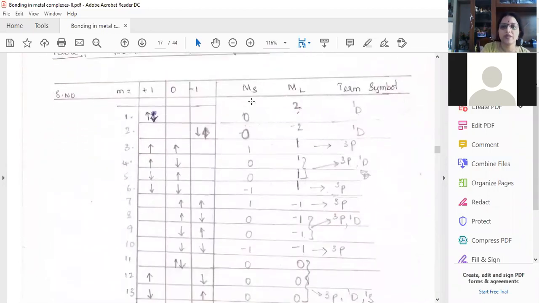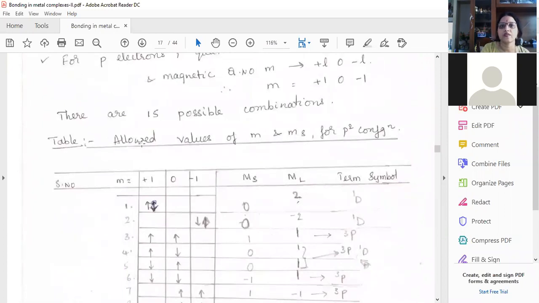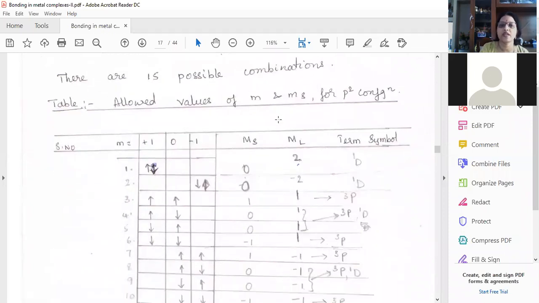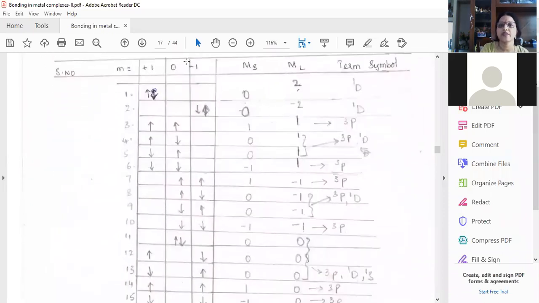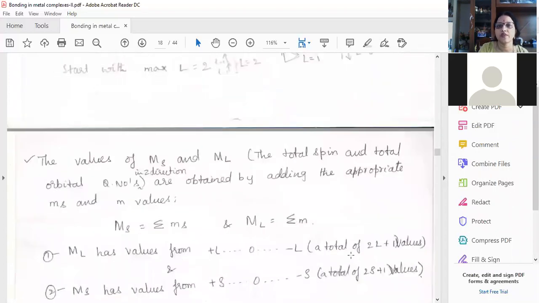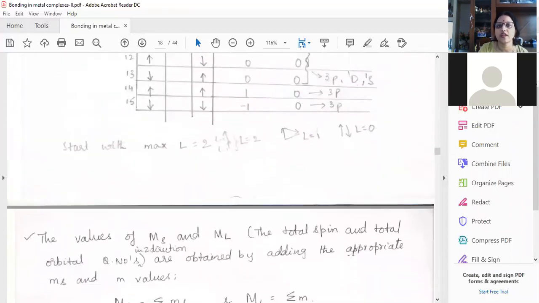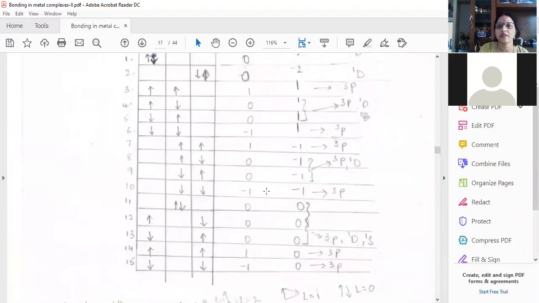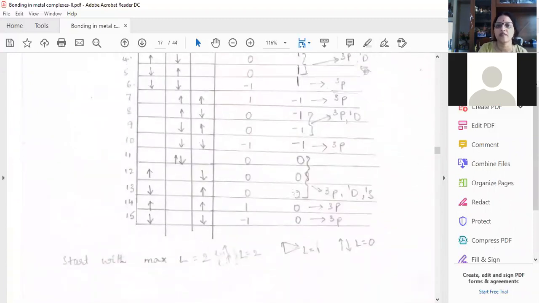This is for the P2 configuration. For the P2 configuration, you will get 15 possible combinations. We have arranged them in different values, calculated MS, ML, and for all these, we have calculated the symbols. From this, it is clearly shown that it is having only 15 microstates. So this method works out.